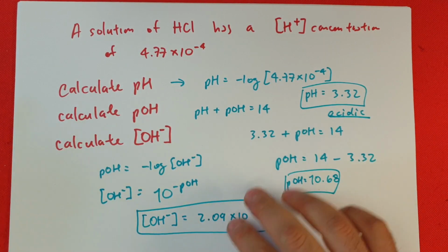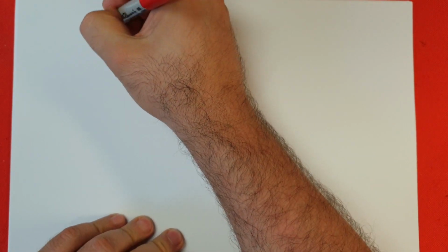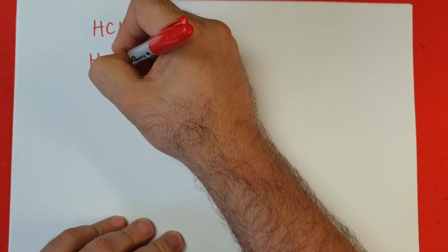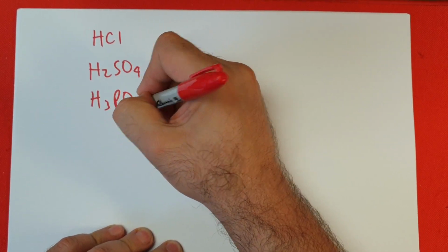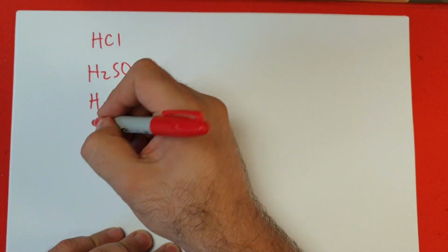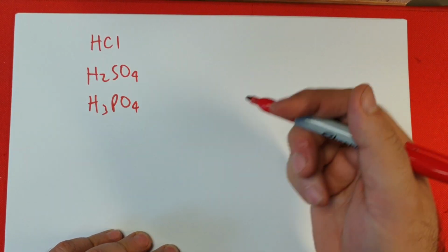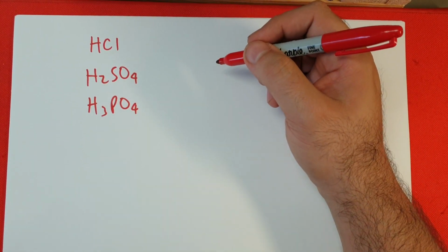Now, what we really need to consider here is to always read the problem and see what it's asking you about. If it's giving you a concentration of acids, hydrochloric acid, sulfuric acid, phosphoric acid, these three are the ones that most frequently show up.